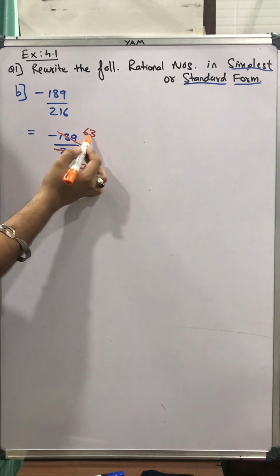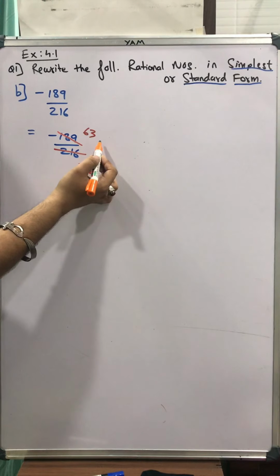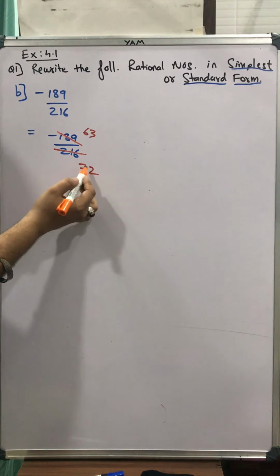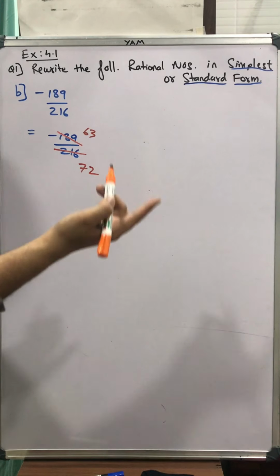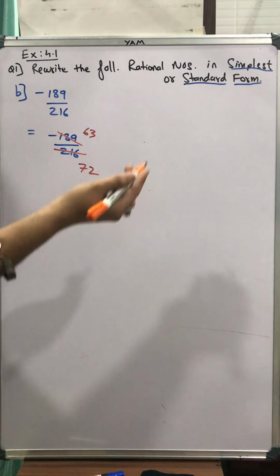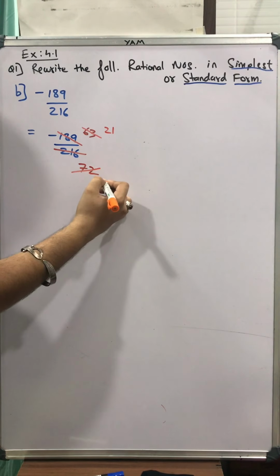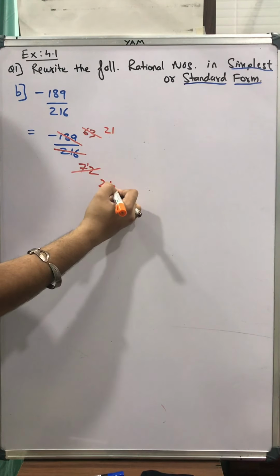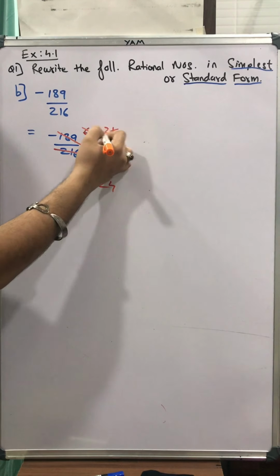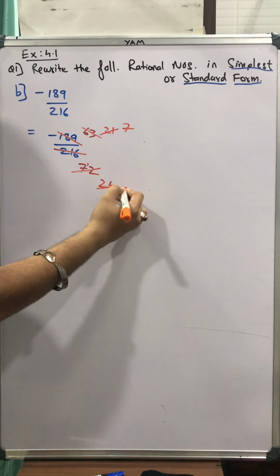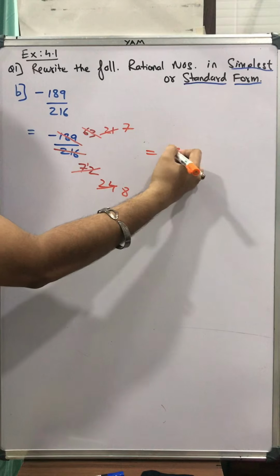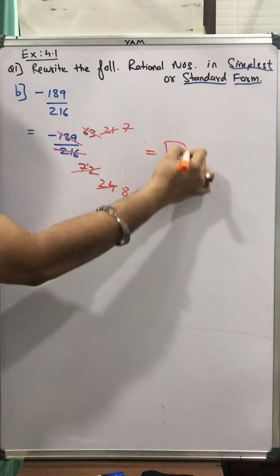Once again, 6 plus 3 is 9. 9 goes in the 3 times table, so 63 will also go. 7 plus 2 is 9. 9 goes in the 3 times table, so 72 will also go in the 3 times table. So 3 2s are 6, 3 4s are 12, 3 7s are 21, 3 8s are 24. So my answer is 7 upon 8.